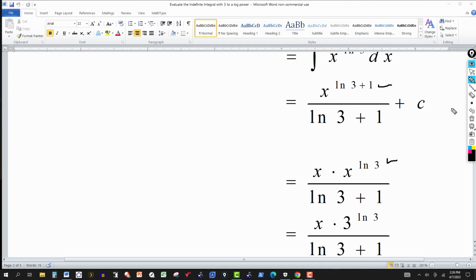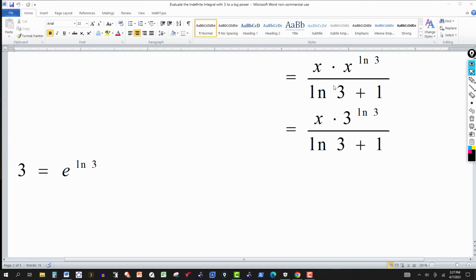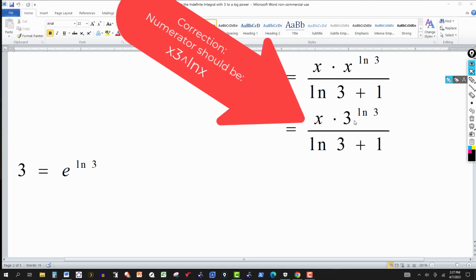The denominator still hasn't changed. And then from here, based on the setup that we did, x to the ln of 3 is just another way of writing 3 to the ln of 3, from the substitutions we did.